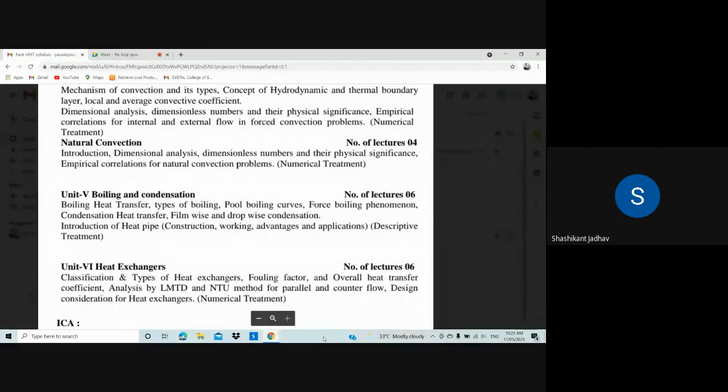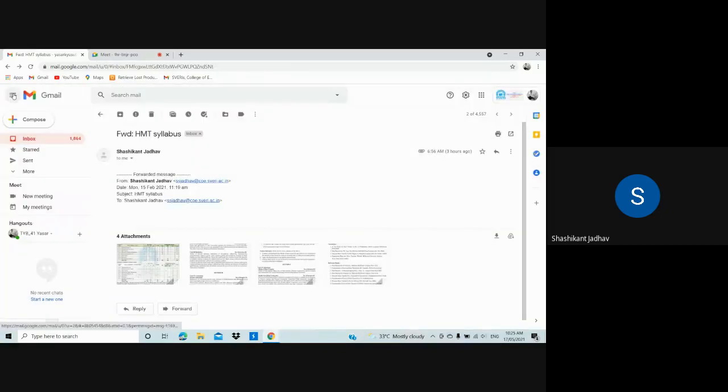Okay, once again, this is unit number 5. What is the title of the unit? That is boiling and condensation. What is the syllabus of this? First point is boiling heat transfer. Then second point, types of boiling.